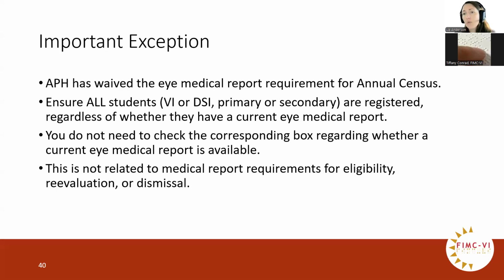These are two completely separate scenarios. For registering students with us in APH, you're just looking for whatever medical report information you have, and that is separate from whatever you're doing as far as medical reports related to students with visual impairments and that eligibility rule.